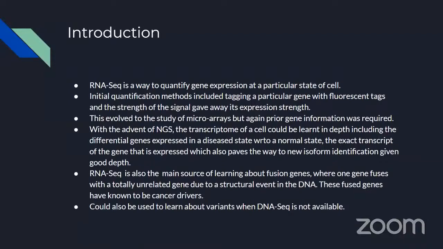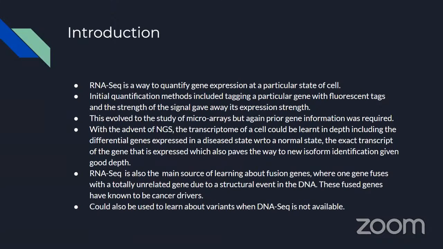And with RNA-seq, there are a few other very main sources of information, such as fusion genes, for example. I mainly learn everything regarding tumors in my work. When you look at fusion genes, they are a very main source of drivers of tumors.